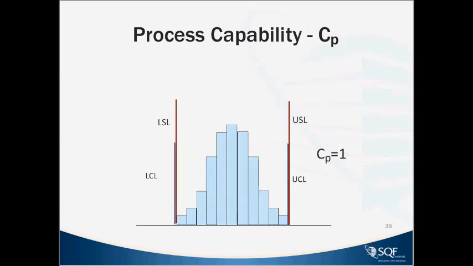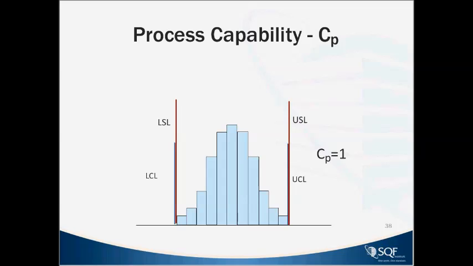The first one we call Cp, for process capability. In this picture, this is the scenario where the control limits from the data are equal to the specification limits, the goalposts, and we can basically say that that's equal to 1.